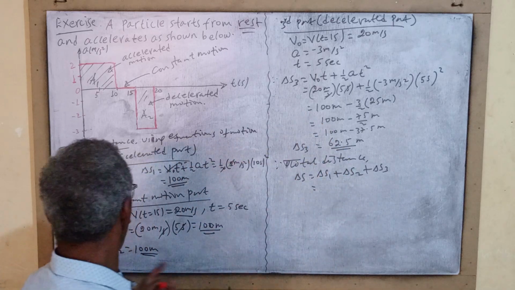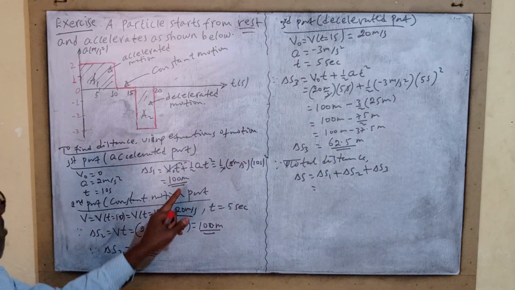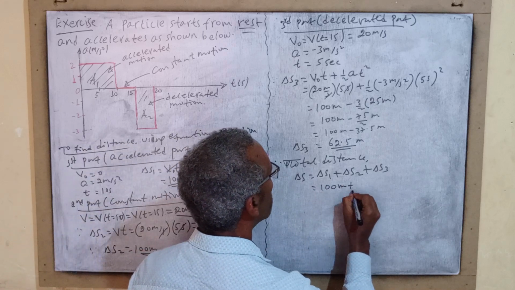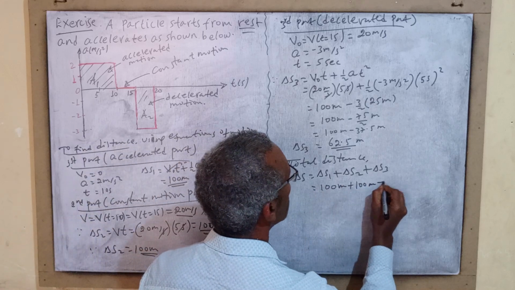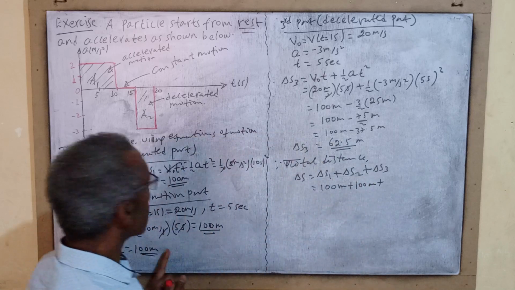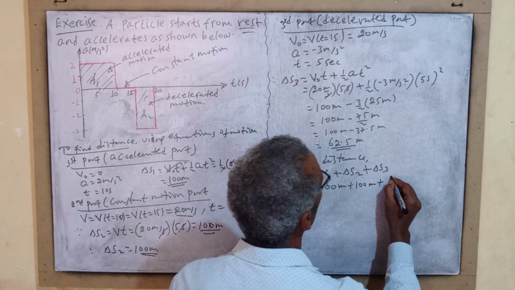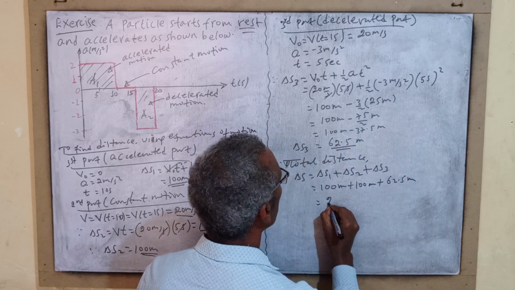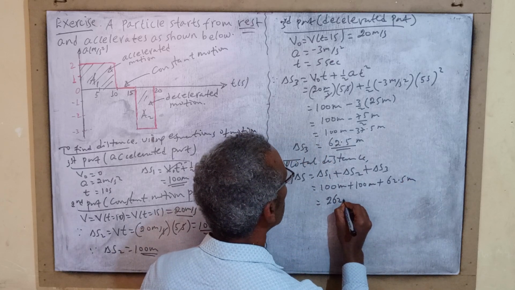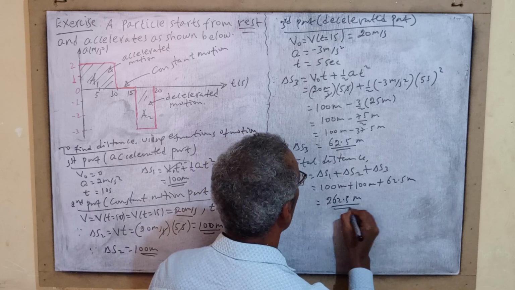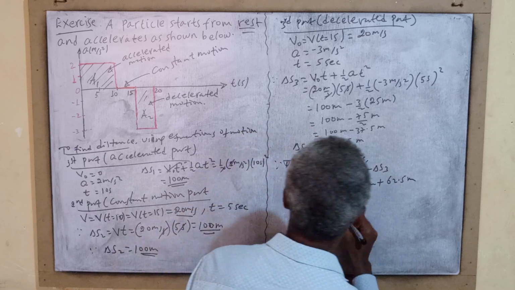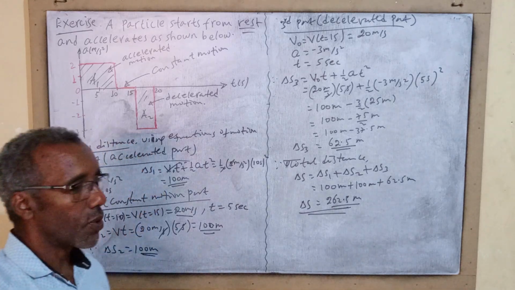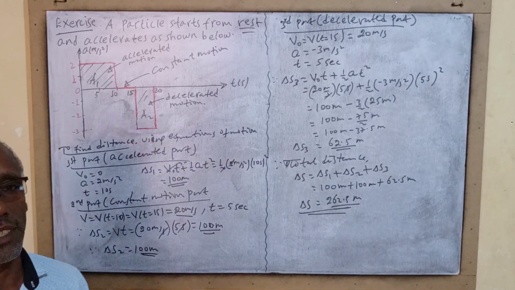Distance 1 is 100 meters, distance 2 is 100 meters. 100 meters plus 100 meters plus distance 3, which is 62.5 meters, is equal to 262.5 meters. This is the total distance traveled in the first 20 seconds. Therefore, this is all about this exercise.